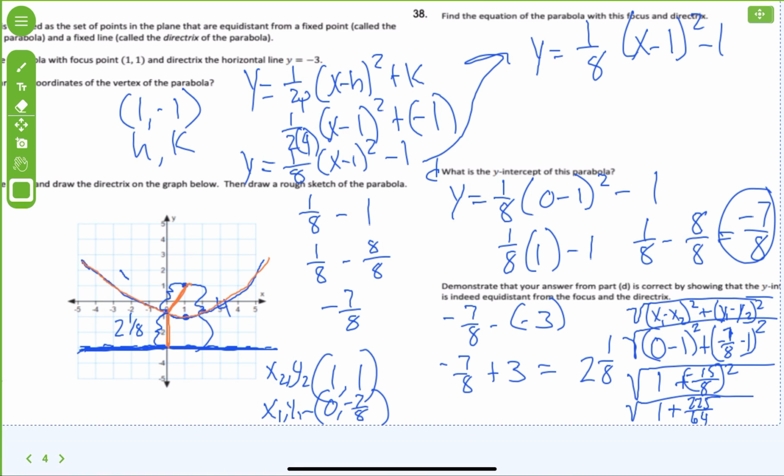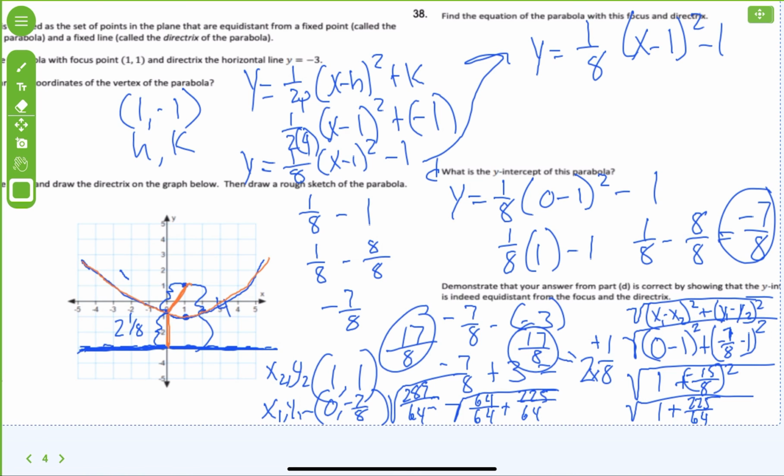To add those together, I would have the square root of 64 over 64 plus 225 over 64, which is going to equal the square root of 289 over 64, which is perfect. The square root of 289 is 17. Square root of 64 is 8. So this is also equal to 17 over 8. Those are the equal distances.